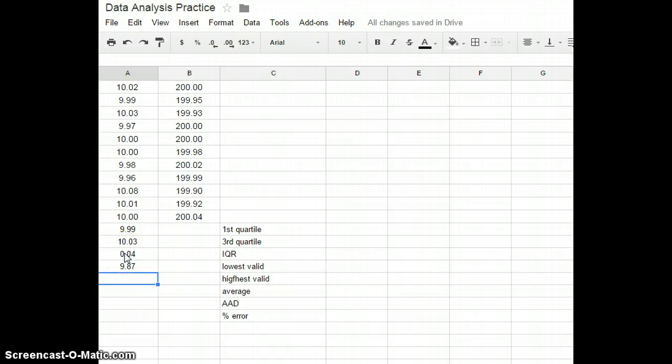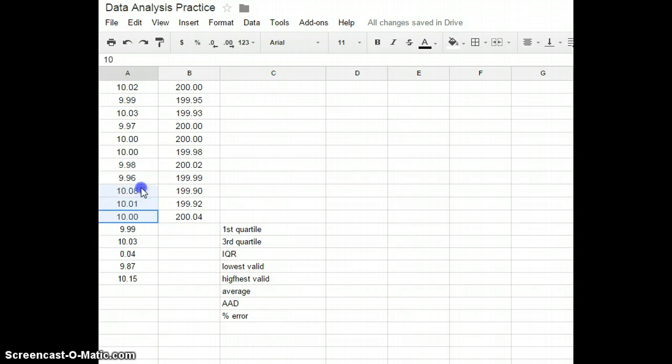And the highest would be equal to the third quartile plus 3 times the interquartile range. So the way we interpret these numbers is any number less than 9.87 or greater than 10.15 in the data set is considered an outlier and therefore is not used in any subsequent calculations.